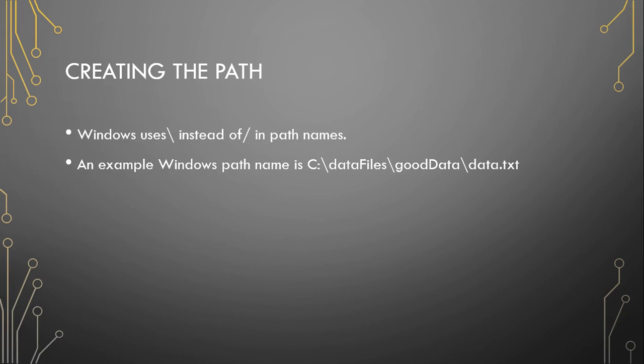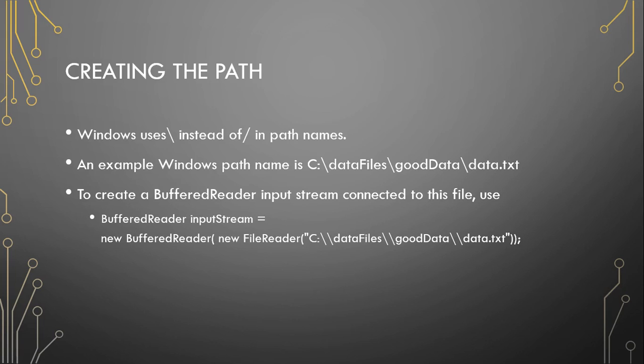Now, if this was in a Unix system, you would have the slashes facing the other direction, probably on the root directory. Now, if you wanted to create a buffered input stream connected to this file, we'd use BufferedReader inputStream = new BufferedReader(new FileReader("C:\\datafile\\gooddata\\data.txt")).